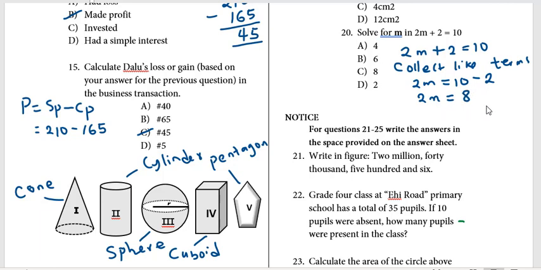Now divide both sides by 2, because 2 is the coefficient there. We are solving for m, not for the value of 2m. Divided by 2, cancel out. So 8 divided by 2 gives us 4, right? So the answer here is 4. Okay, so that makes option A the accurate answer.